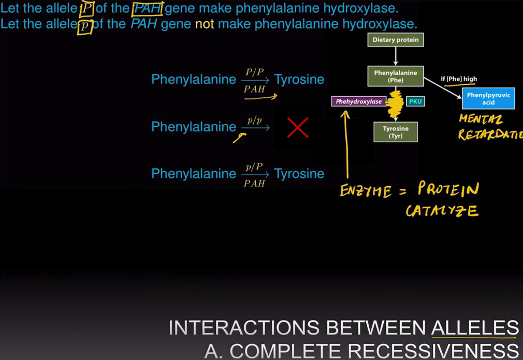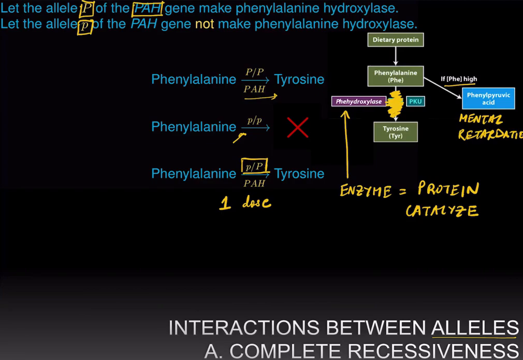So, what happens in the heterozygous individual? Since the big P allele makes the enzyme, whereas the little p allele does not, these individuals will have half the amount of phenylalanine hydroxylase, half the amount of the enzyme. In other words, they will have one dose.